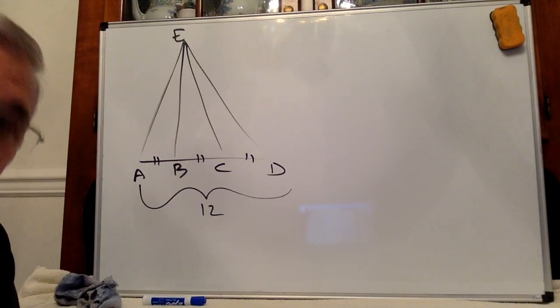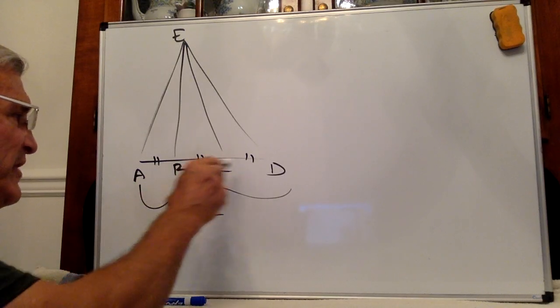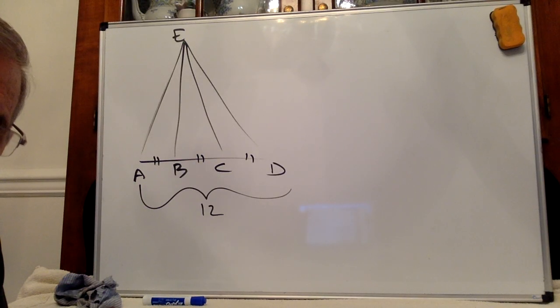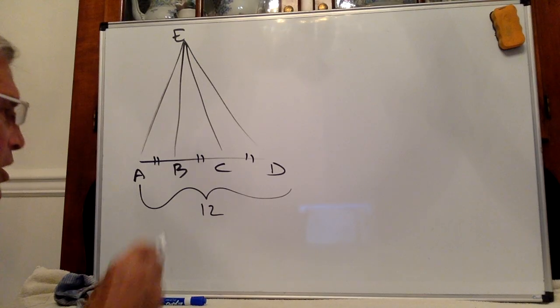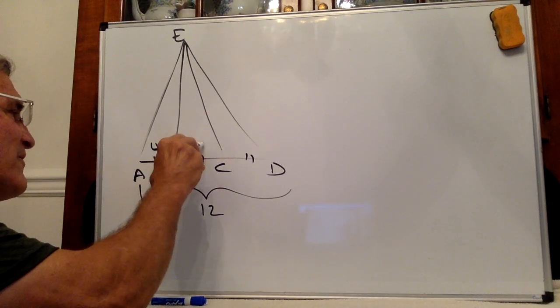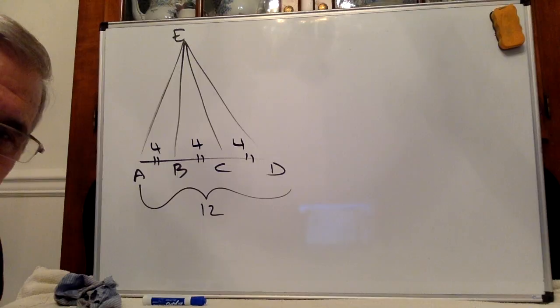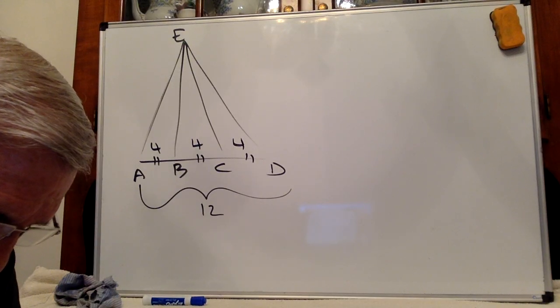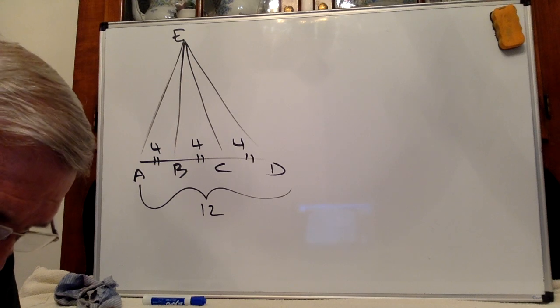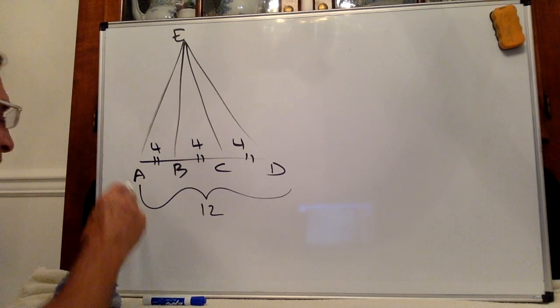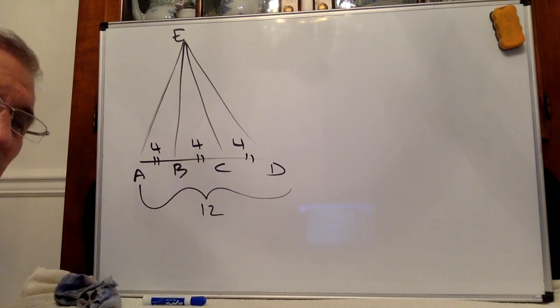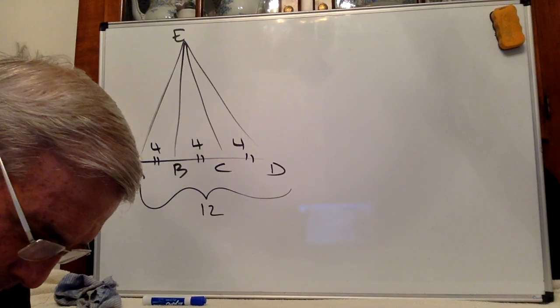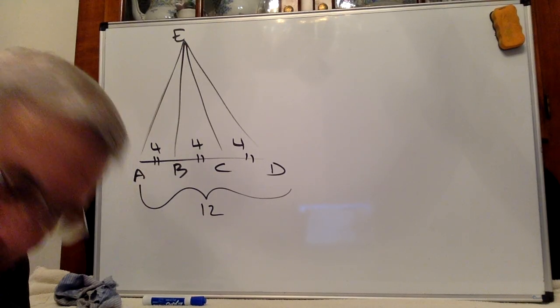Well, if AD is 12 and all 3 of these sections are the same, that means each of them has to be 4. So this is 4, 4, and 4, because they're congruent. And 3 times 4 is 12. So AB is 4. AC, from A to C, is 4 plus 4, or 8. Okay?